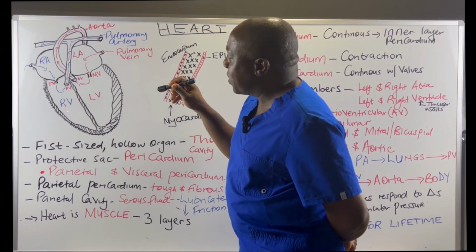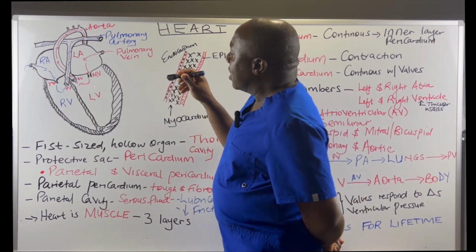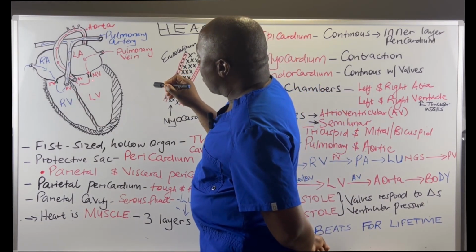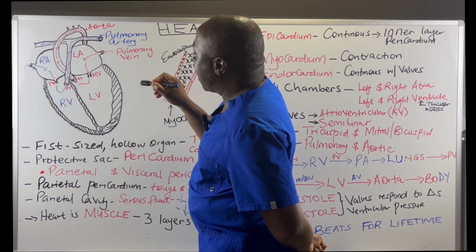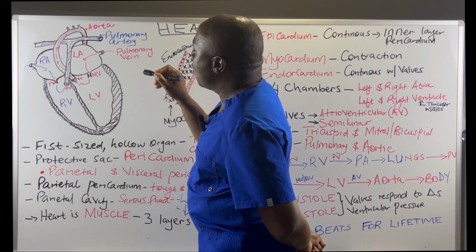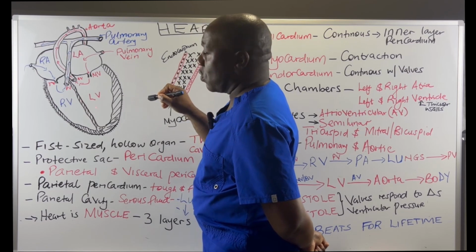Now, when the pressure is very low, the mitral valve and the tricuspid valve open for blood to flow from the atrium to the ventricles.